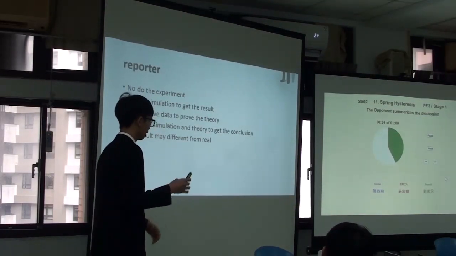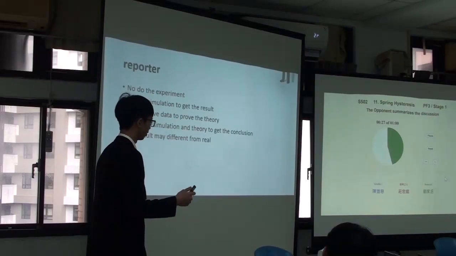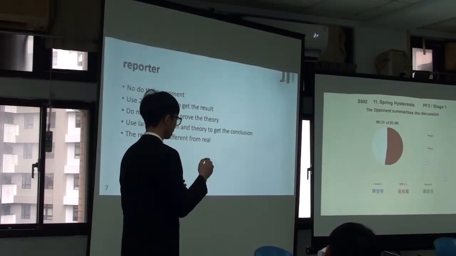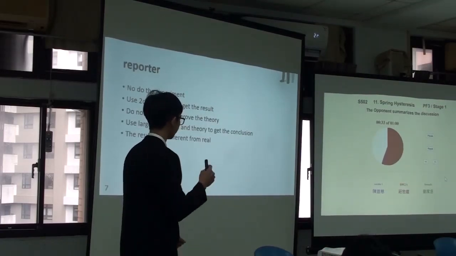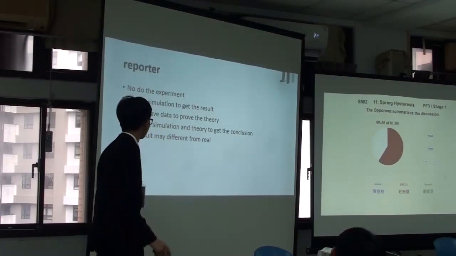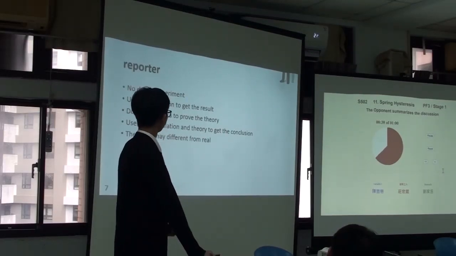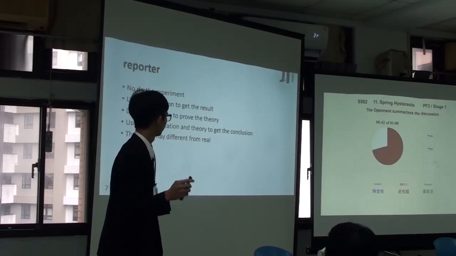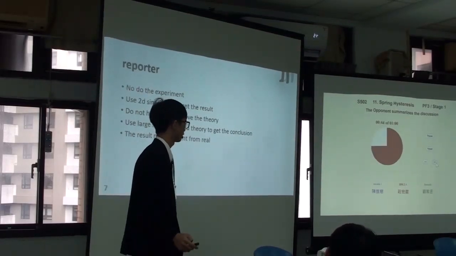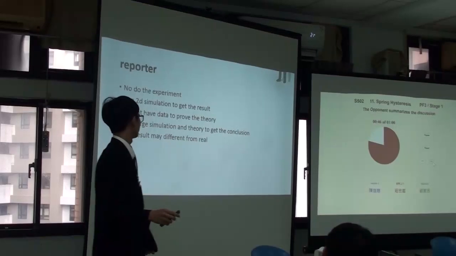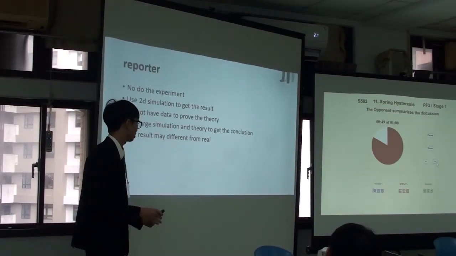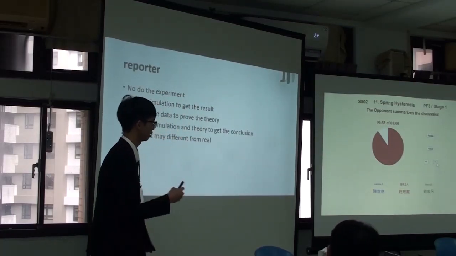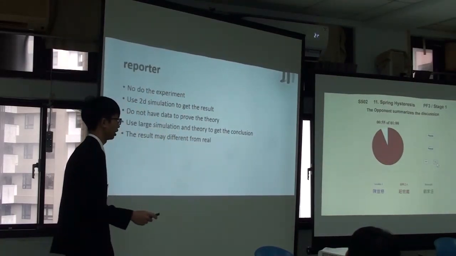They use the formula to get data, but they didn't use the data to get a formula or to prove the formula is right. They use tons of simulations and theory to get the conclusions, but the results may differ from the real world because it's a simulation, not the real world. This is all my conclusion.